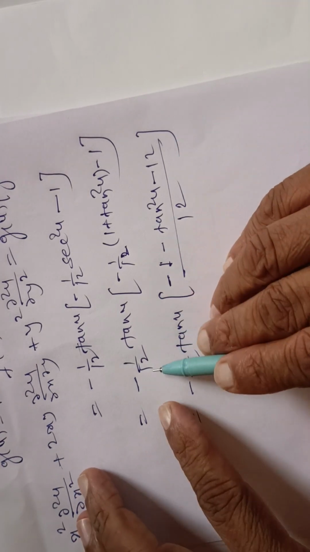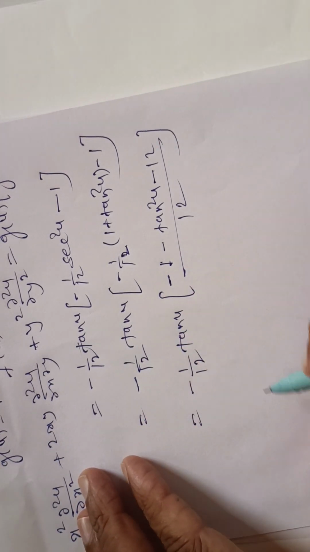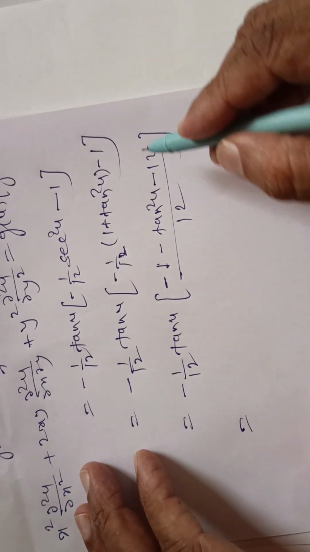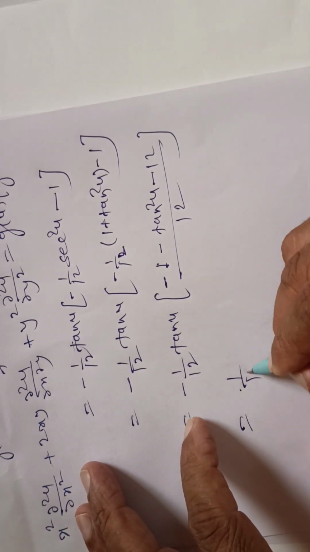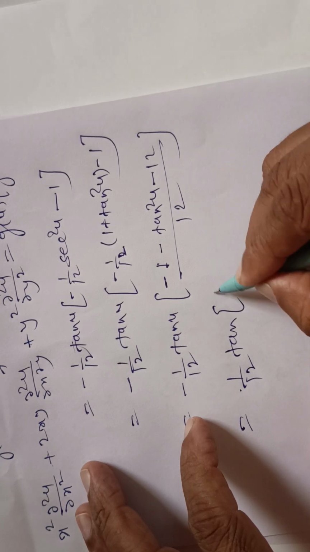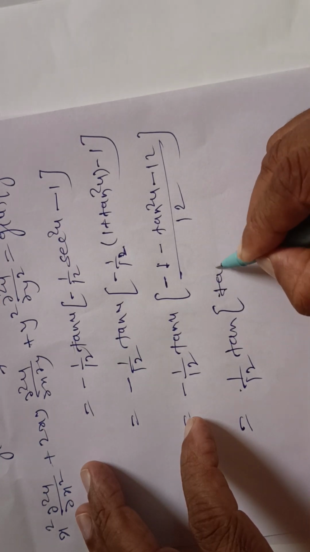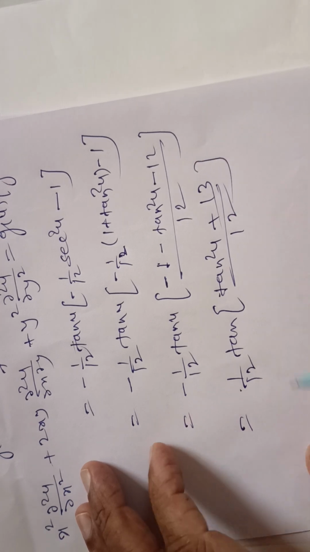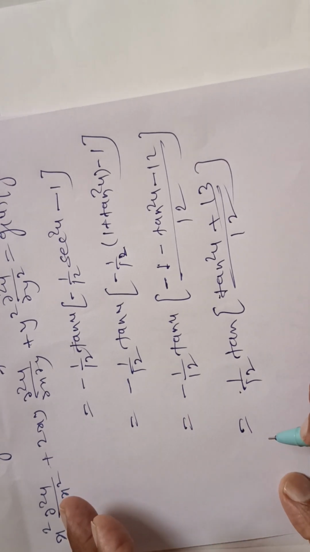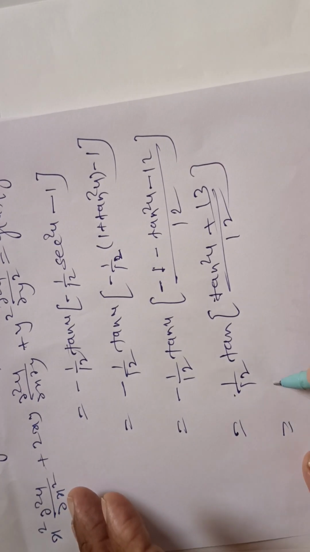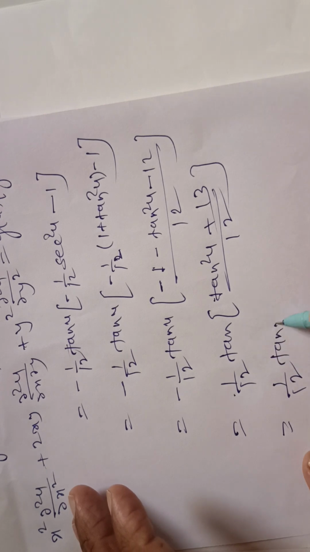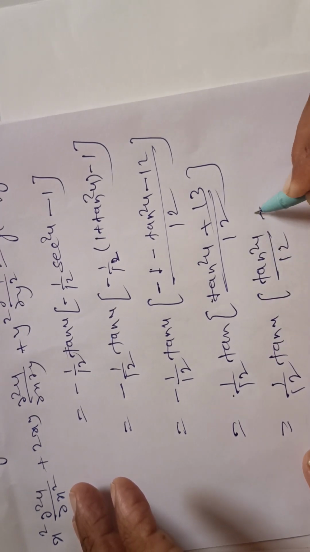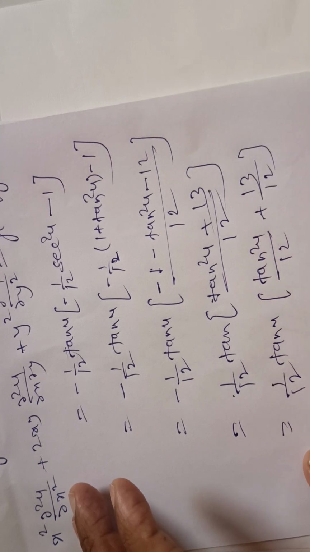Due to this minus sign it becomes plus. So again 1 plus tan square, or 13, 1 by 12 tan of u, tan square u plus 13 upon 12, and this is the proof which we required. Or we can write in another form, that is tan square u upon 12 plus 13 upon 12.